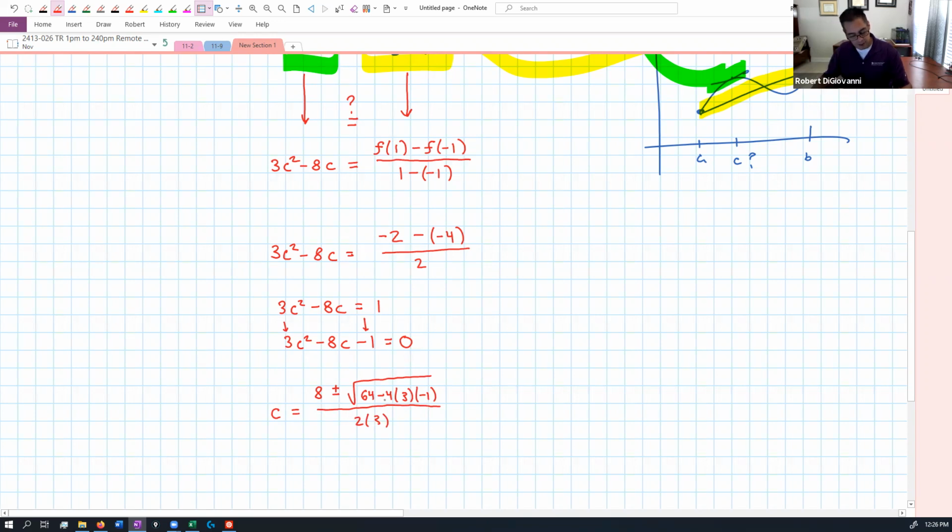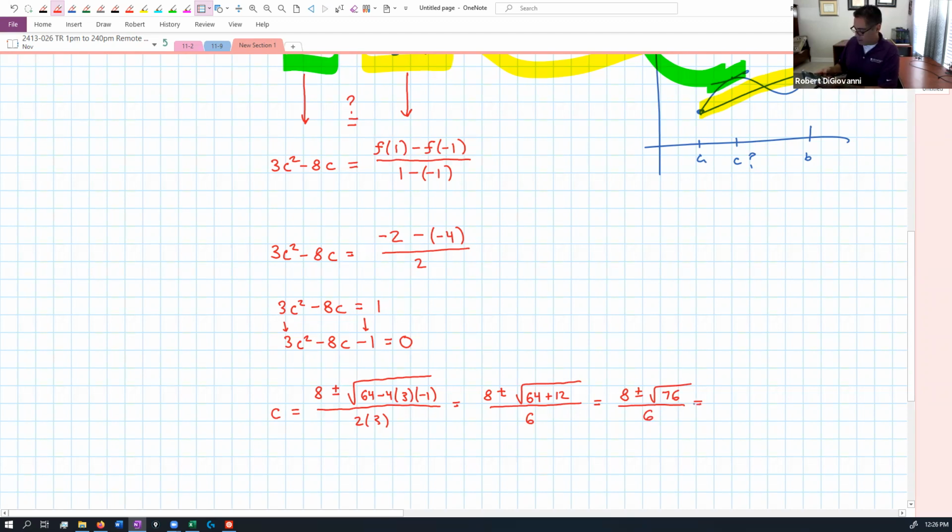So I'm going to need my calculator here because I'm going to get a decimal answer. 8 plus or minus the square root of 64 plus, I believe, yeah, plus 12, all over 6. So 8 plus or minus the square root of 76 all over 6.